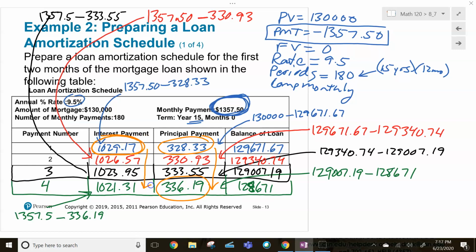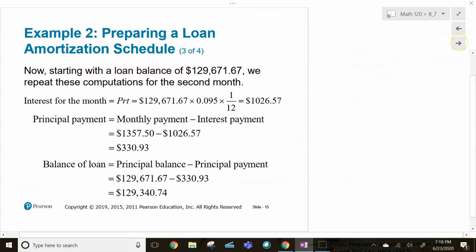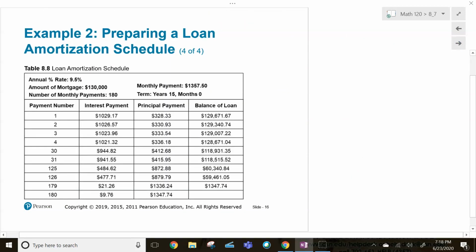As time goes on, that's reduced. So the interest decreases, the principal increases as time goes on, right? So let me go to the full amortization schedule, which shows more here. And by the way, this one's off by a few cents, but we did it properly at the financial calculator. Okay.